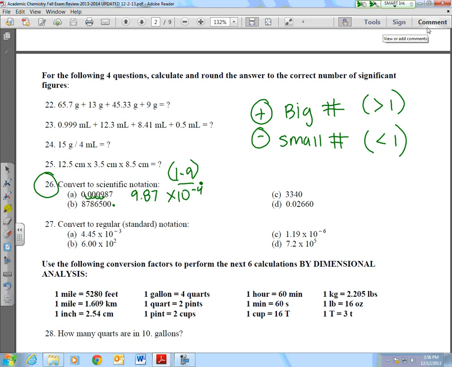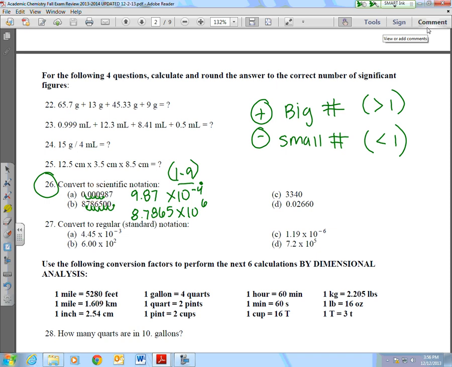Okay, so I'm going to move it 1, 2, 3, 4, 5, 6 times. So it's 8.7865 times 10. How many times did I say I moved it? 1, 2, 3, 4, 5, 6. So 6th power, and it's positive because it's a really big number. Does that make sense? Do you want to see them in reverse too, like number 27?